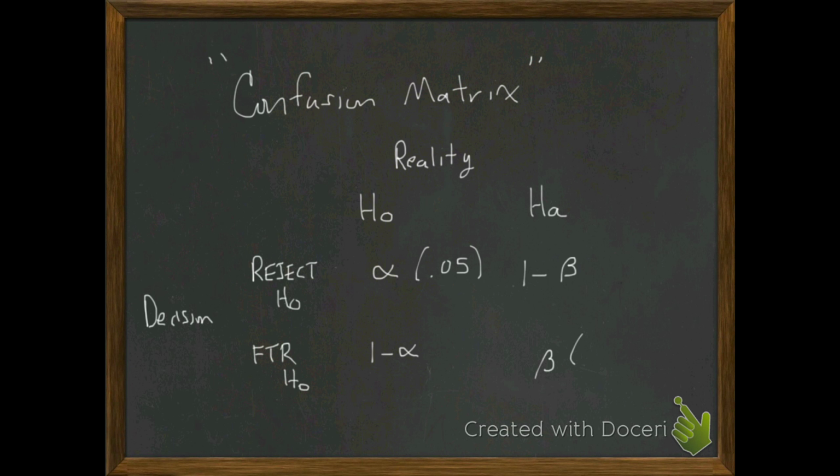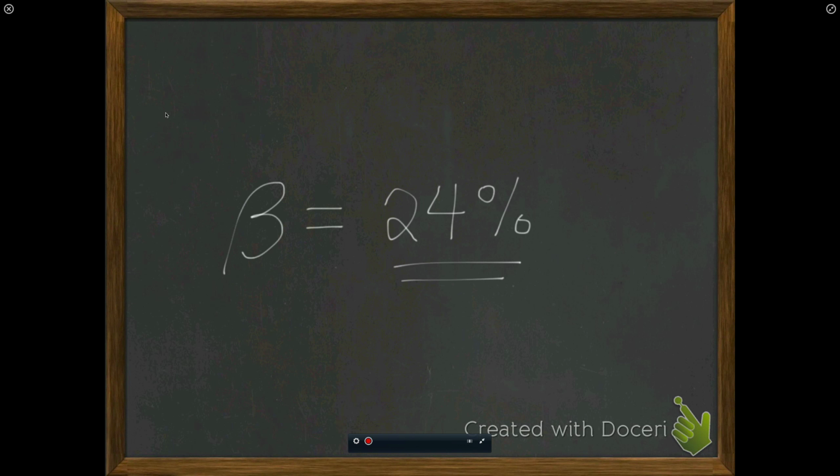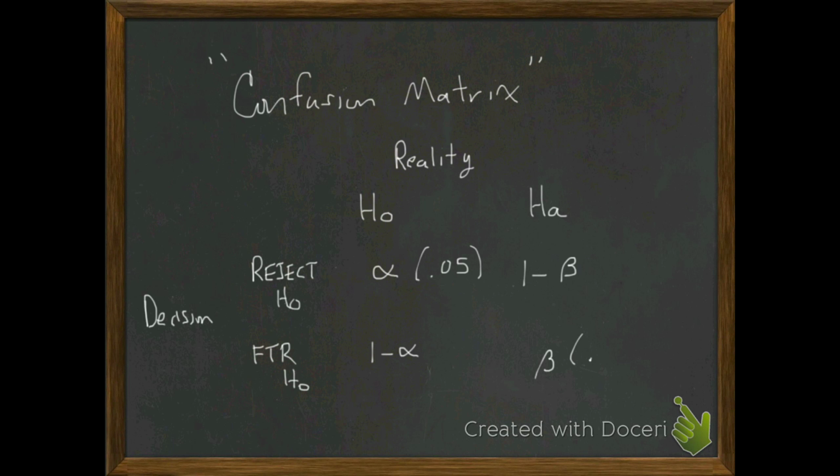We calculated beta to be 0.24, telling us that the probability of committing a type 1 error is 0.05. The probability of committing a type 2 error is 0.24. Using a little bit of arithmetic, we can see that this is 0.76 and this is 0.95.